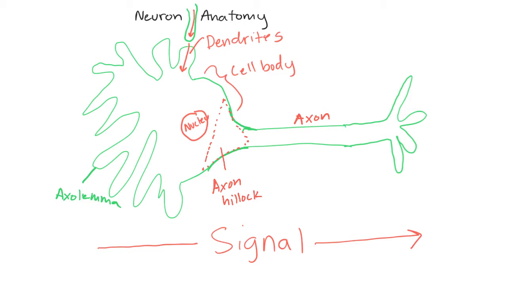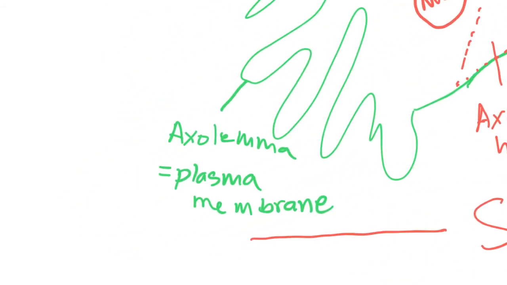We just stuck a couple things together, right? Makes sense, good. The axolemma is the plasma membrane, but it's specific to an axon. So an axon cannot have a sarcolemma, right? That would be a muscle cell.